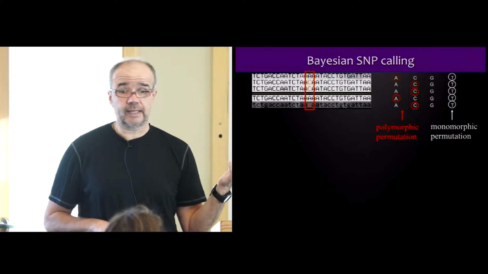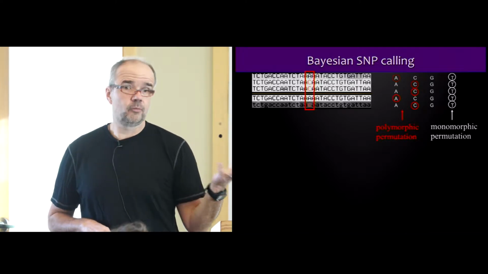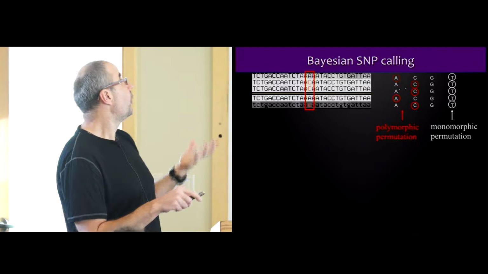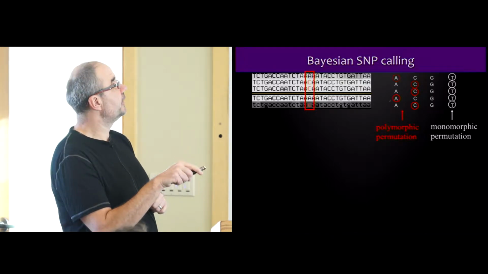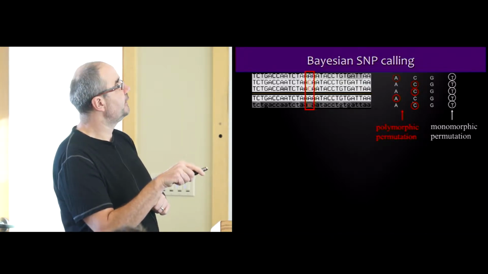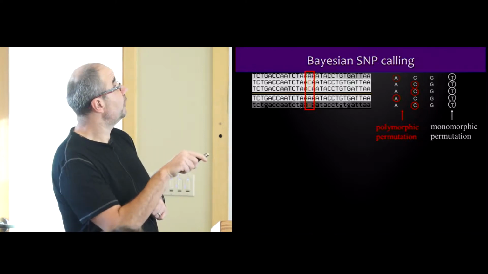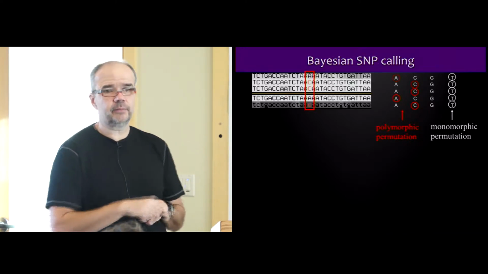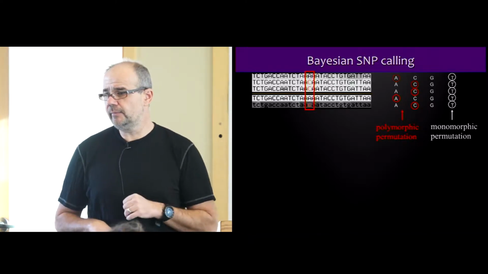Would that be a little more likely? It would be a little more likely, right? Or it could be that, in fact, these A's are correct, and these C's are misread. And because we see a low quality C, we can pretty much imagine that.